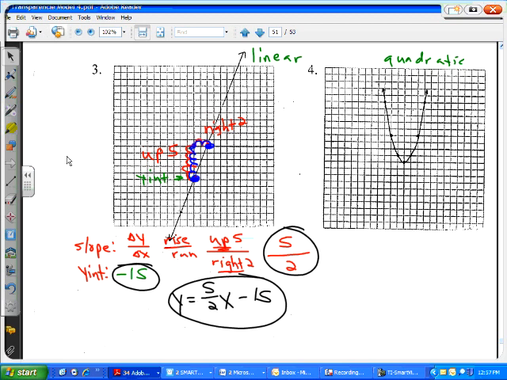Number 4, we can tell visually, is a quadratic. What's the only way that we've come up with the equation of a quadratic?